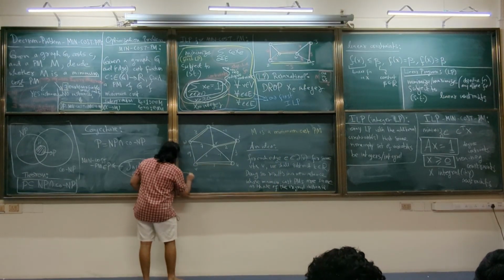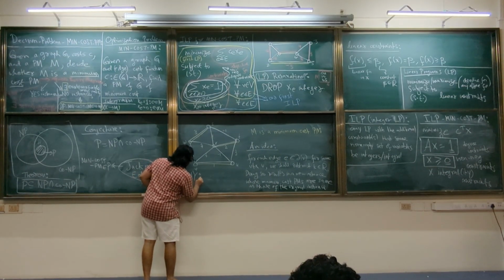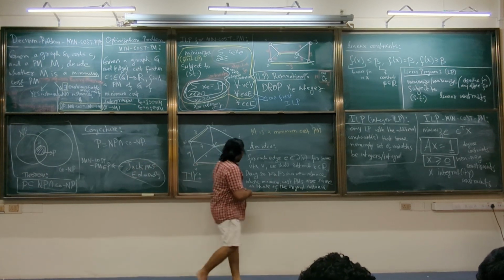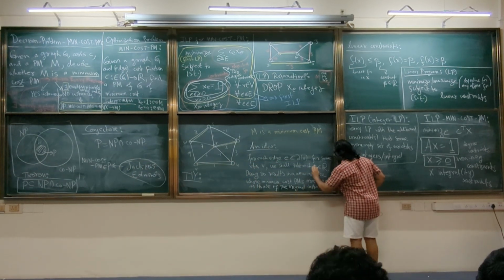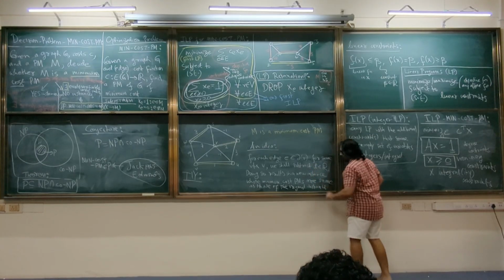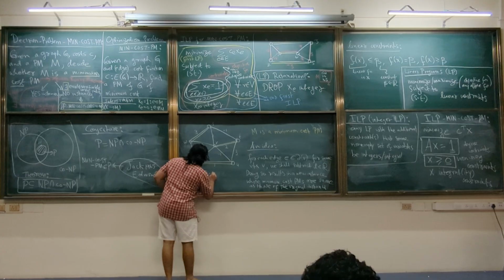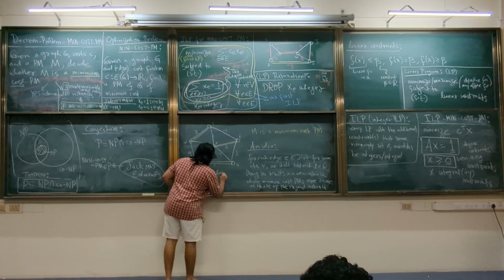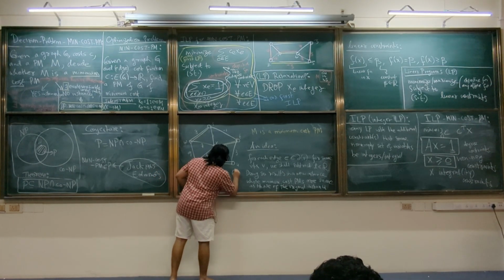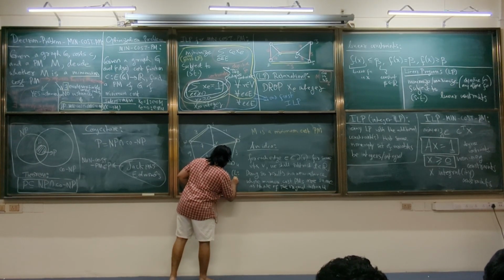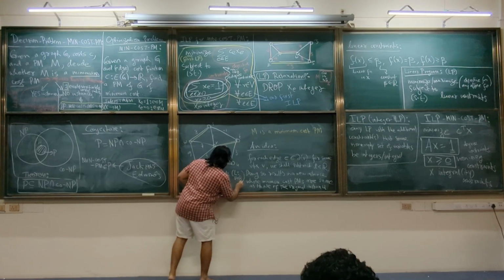So, TIY. I don't like K, I'm going to make it L. Labels. Find labels. You may think of L as a function from the vertices to the real numbers.